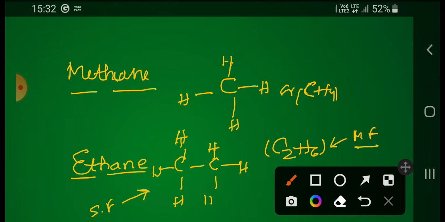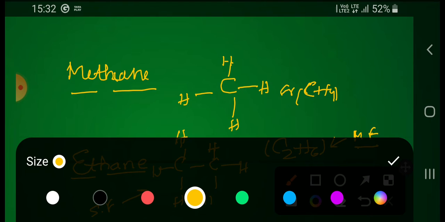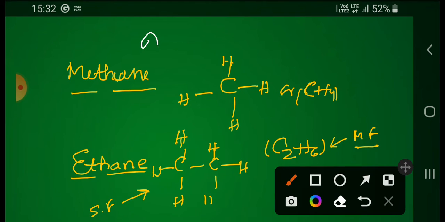And all the members of the alkane family are examples of saturated hydrocarbon. So alkanes are in the category of saturated hydrocarbon.